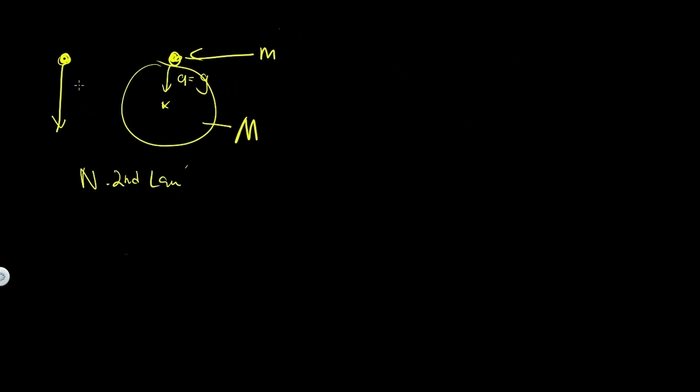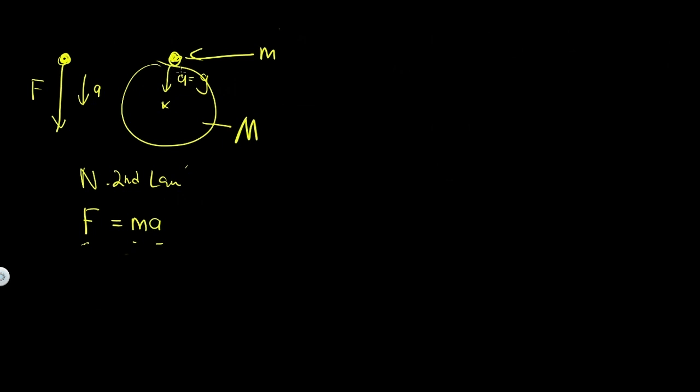Based on Newton's second law, since it has mass and it is accelerating, the force acting on the object is F equals m a. F here is the force that makes this object accelerate towards the center of Earth, m is the mass of the object, and a is the acceleration of the object.